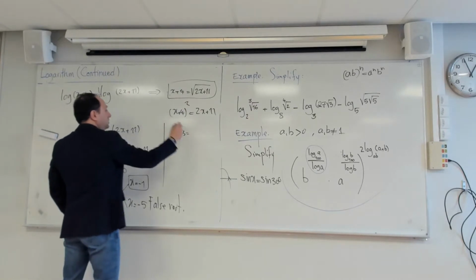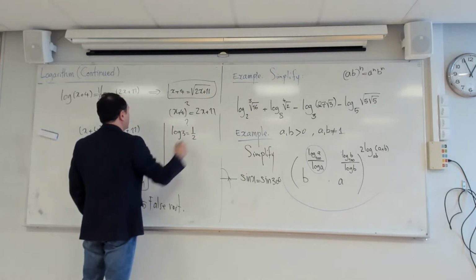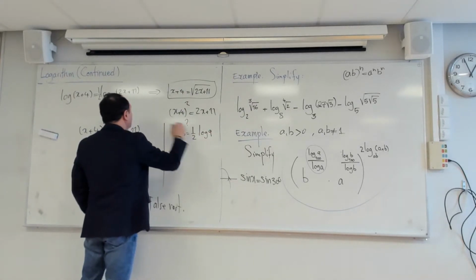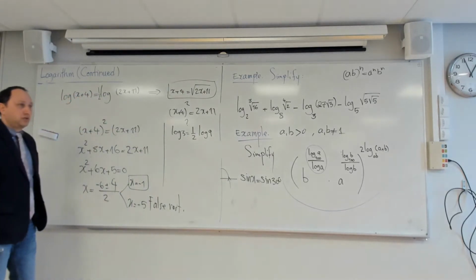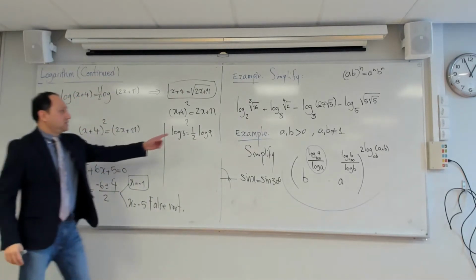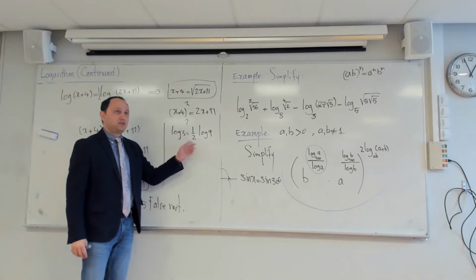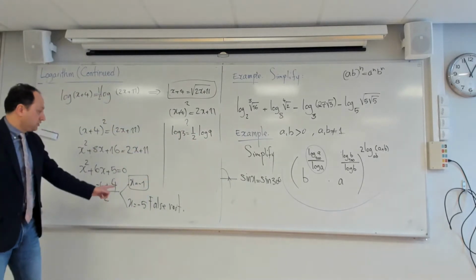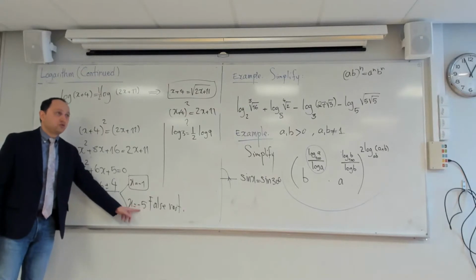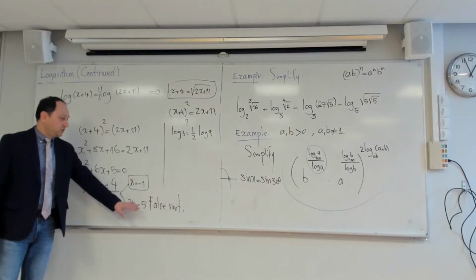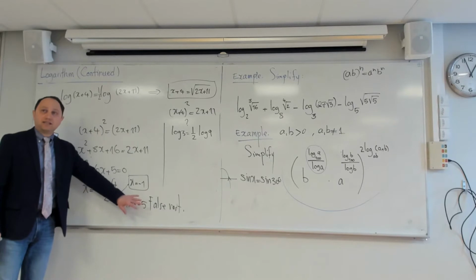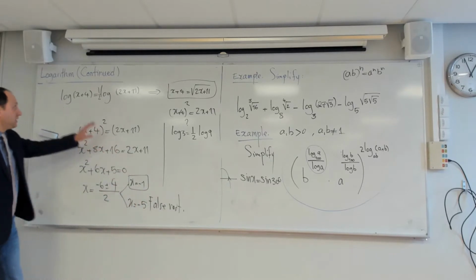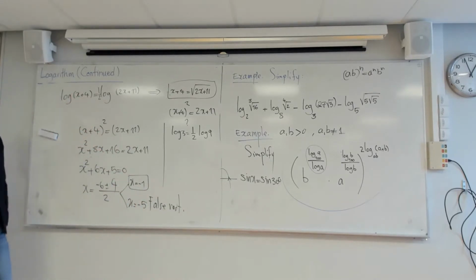On the right-hand side, it becomes 1/2 log of 9. Do you agree that this is correct or not? Yes, because 3, this is 3 to power 2, 2 goes there and cancels that one. Log of 3 is equal to log of 3. So the answer that I got was correct, but I also got a false root. You need to write it down and then say it is false because it doesn't fit this equality.